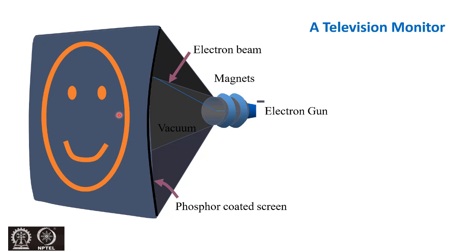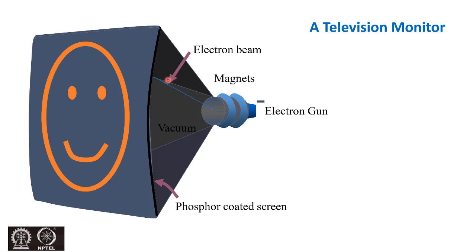So this is a normal television monitor, and it uses the same electron gun which we use to generate the electron beam for the microscopy of our material, the electron microscopy technique. So we have the electron gun, and here we have magnets to make the beam focused, and this is the electron beam.